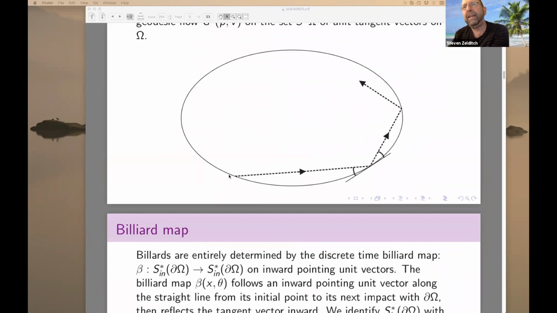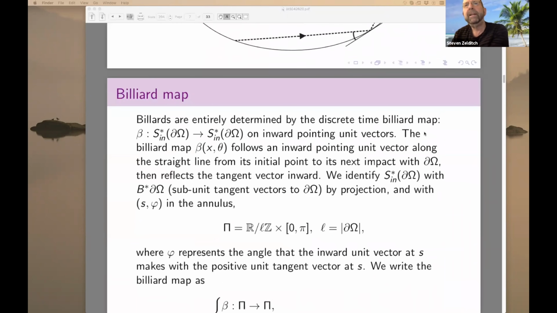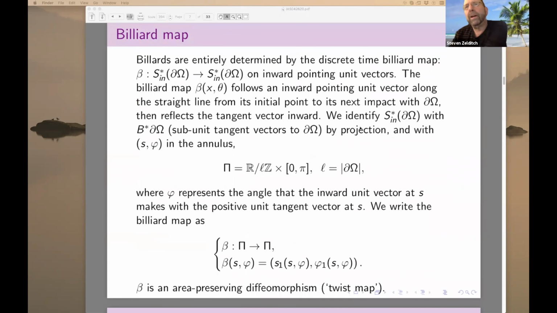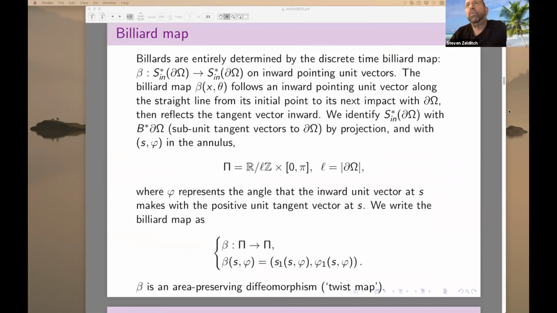The billiard map would be taking this incoming one to this reflected outgoing one. So you follow an inward pointing unit vector until the next impact where you reflect it inward. You're really only looking at the inward pointing vectors, and you can project the inward pointing vectors to the tangent line of the boundary at any point. You get a unit interval at every point, which I denote by B star of the boundary of omega. These are the sub-unit tangent vectors. And this is an annulus because the boundary is a circle and this is an interval.